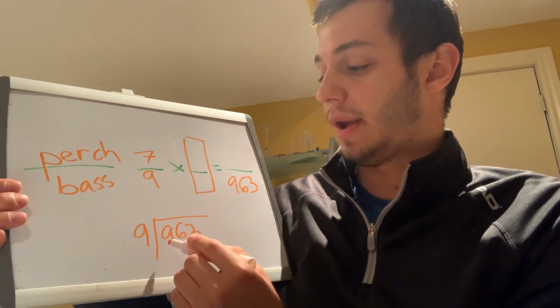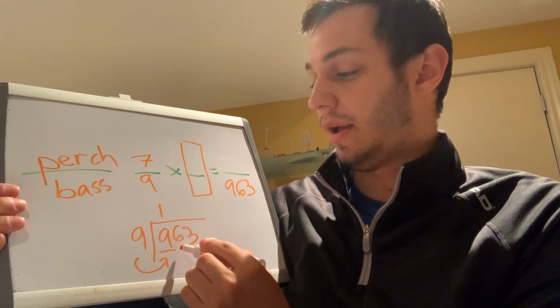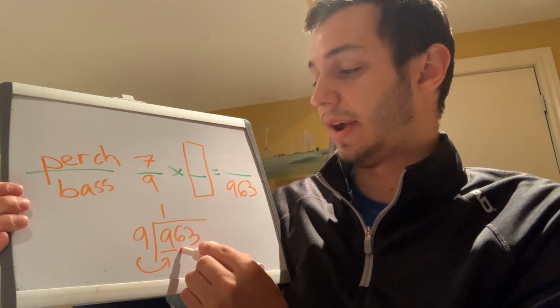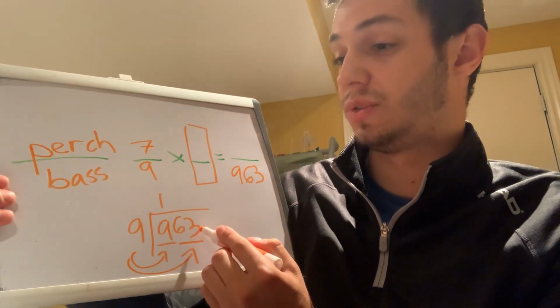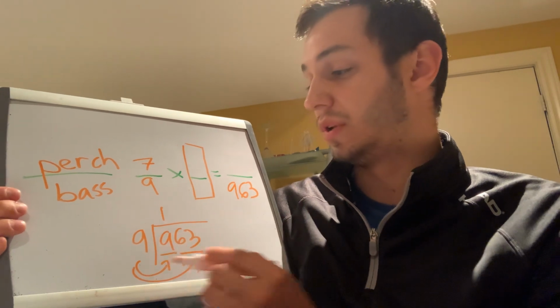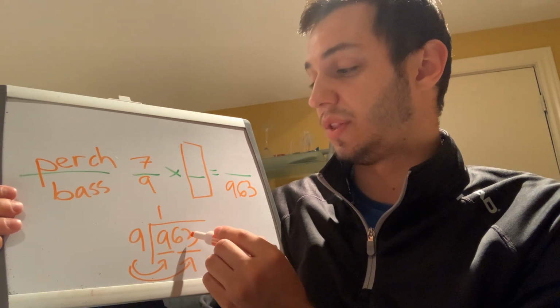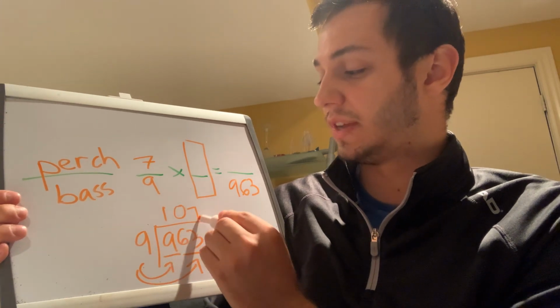Right? So I know that 9 can go into 9 one time, and then it can't go into 6, but 9 can go into 63. Since this number has 2 digits, that means that my top number will also have to have 2 digits. So I know that 9 goes into 63 7 times, but I have to write a 0, 7.